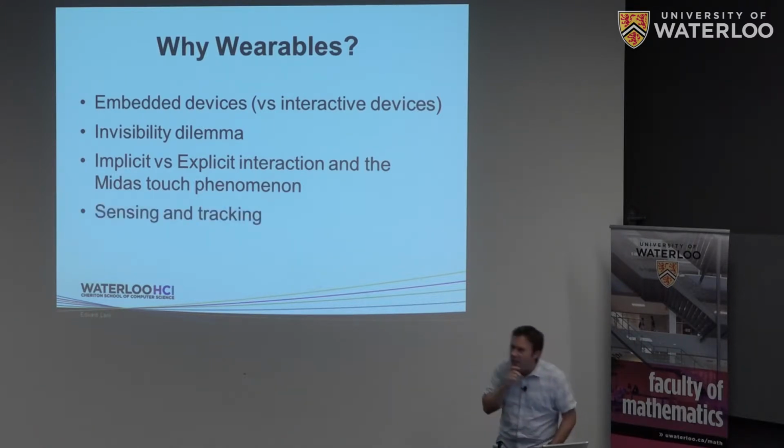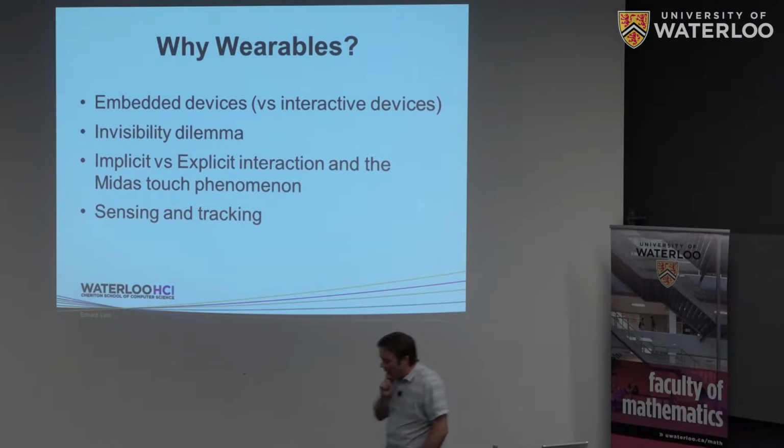And then the last thing is this notion of sensing and tracking. One of my objections, and I'm going to get into this more in a second, that I often have with research that happens in HCI and in gestural input and in richly interactive spaces, is people assume that there's going to be rich, reliable tracking everywhere in the world, and I actually don't believe that.